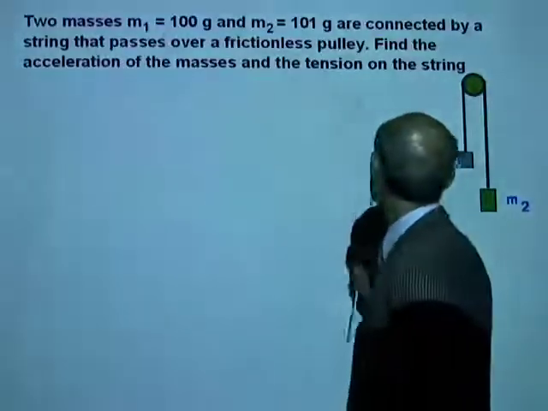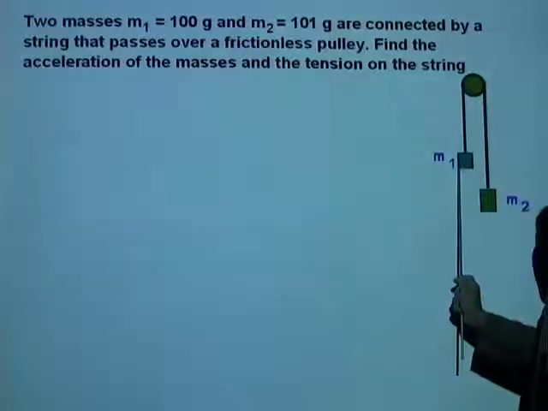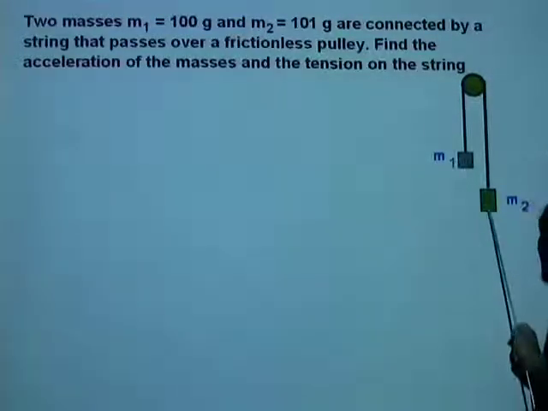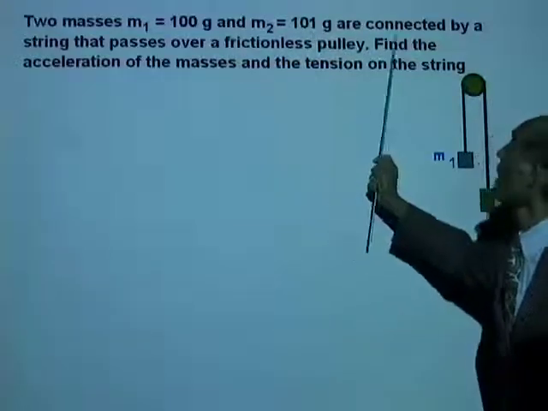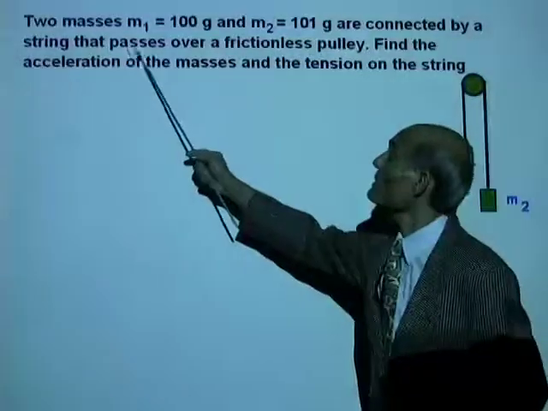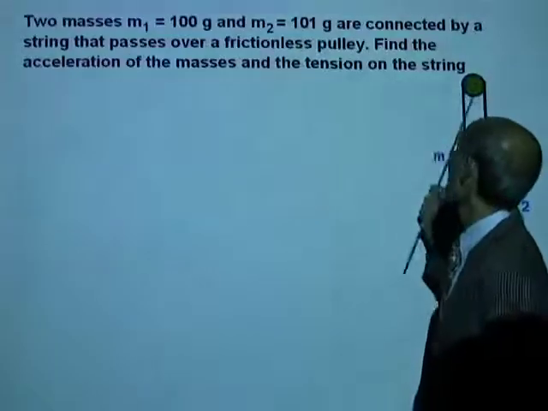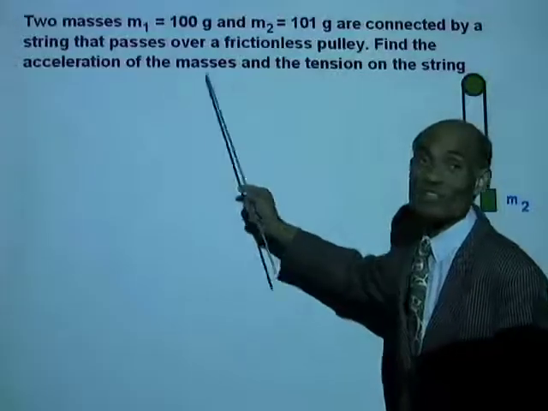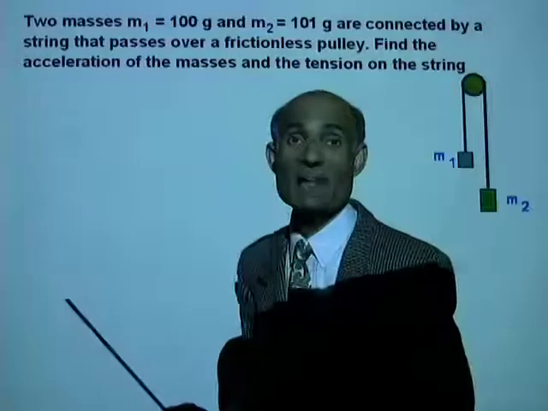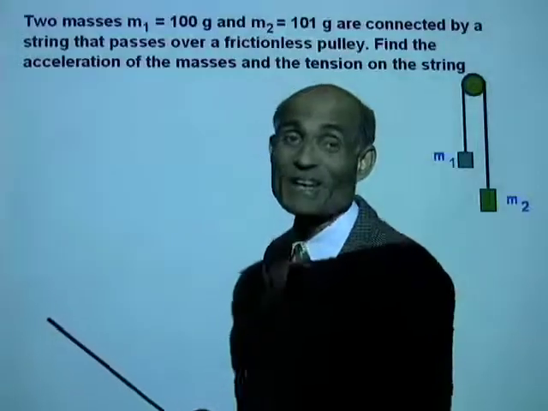Two masses, M1 equal to 100 gram and M2 equal to 101 gram are connected by a string that passes over a frictionless pulley. Find the acceleration of the masses and the tension in the string.